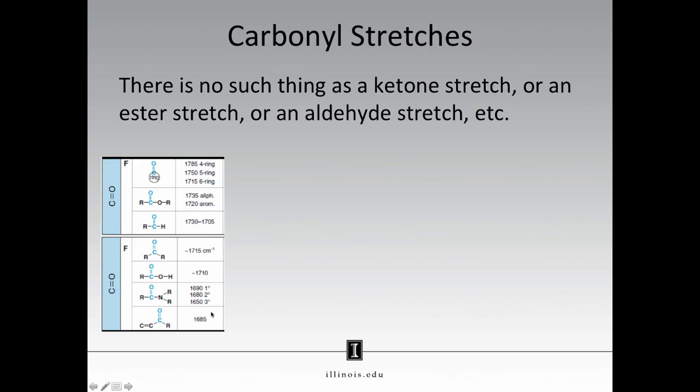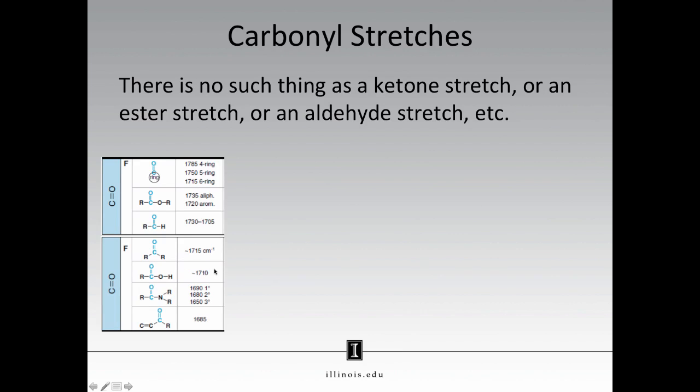The mistake you may make is believing that these values are exact values. From this table, you may believe that ketones appear at 1715, whereas carboxylic acids will always appear at 1710.